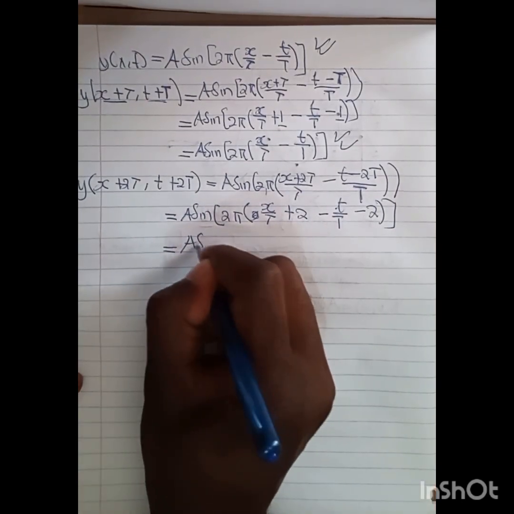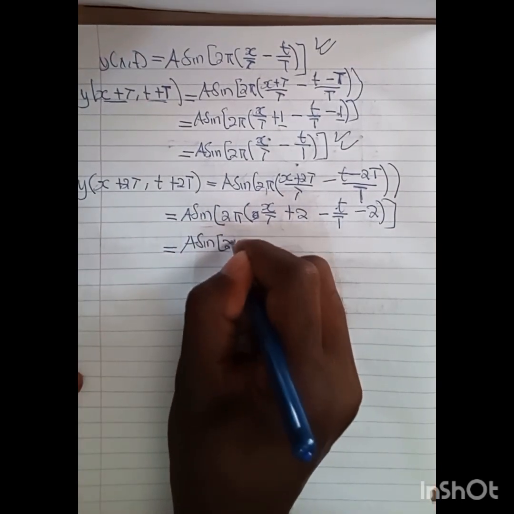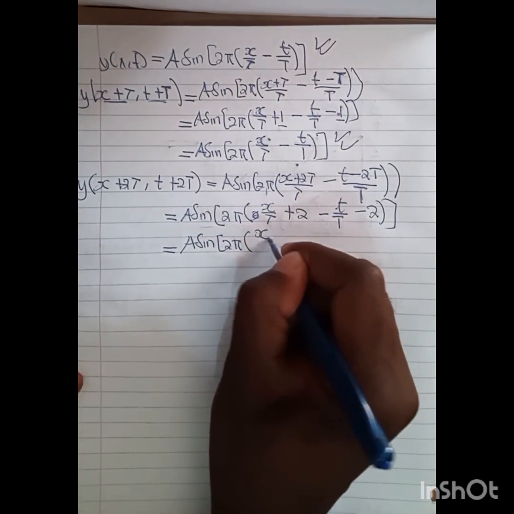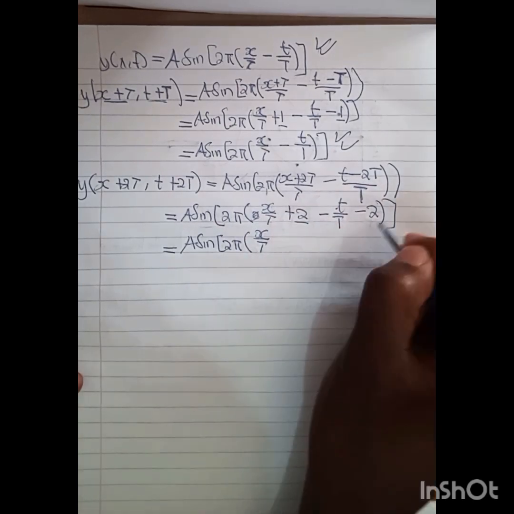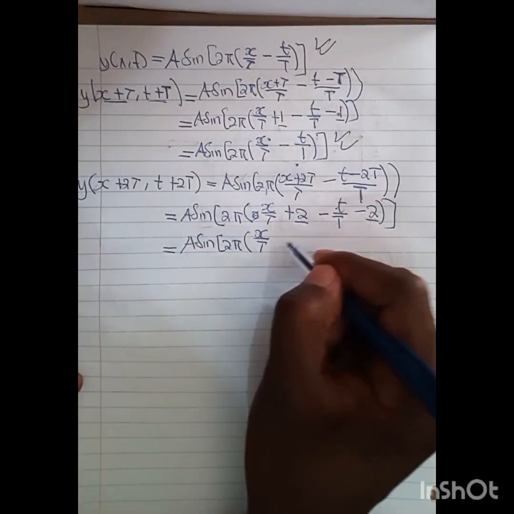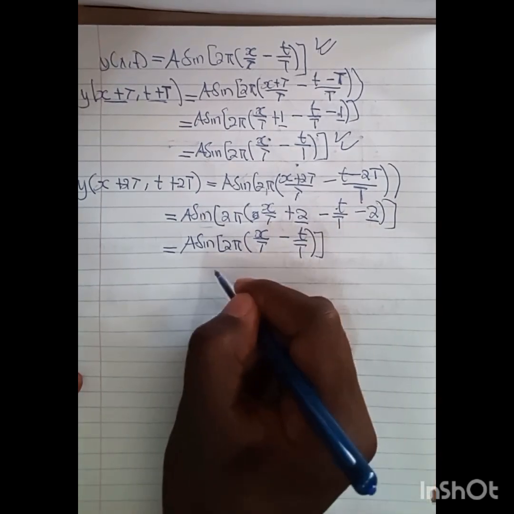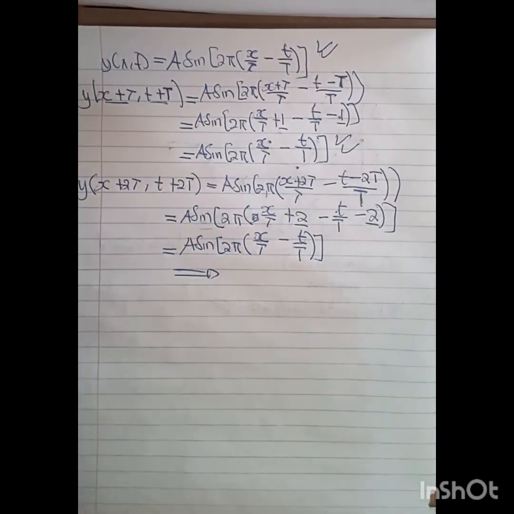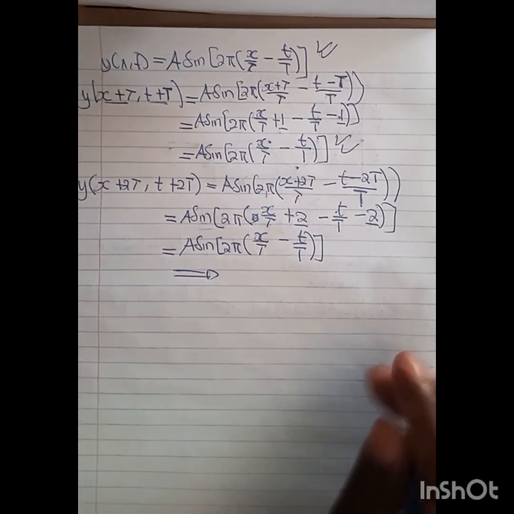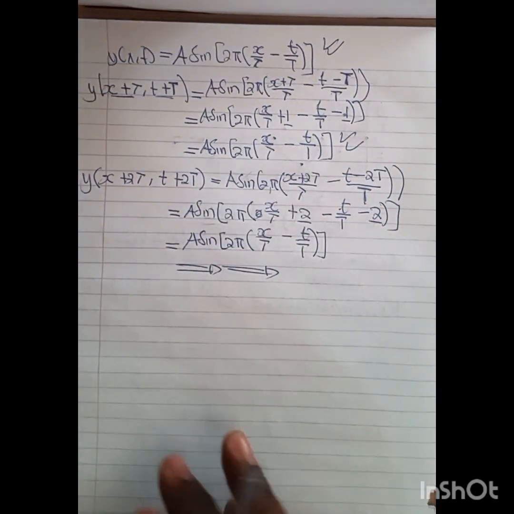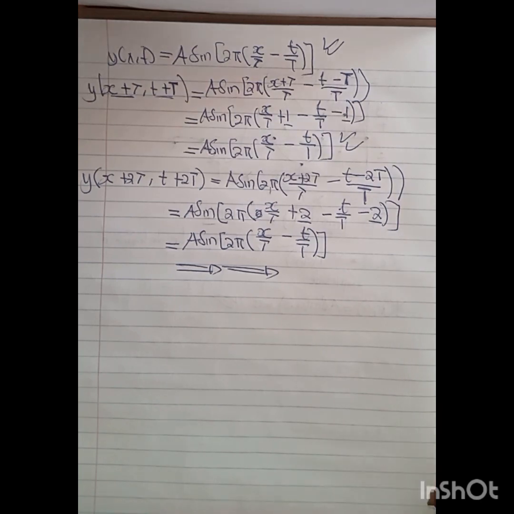Finally you have 2 pi, x over lambda, then 2 minus 2 is 0, then t over T. Now you can see that the periodic nature of the wave function is the same at any time and at any position. This is all you have to show to prove that the periodic nature of the wave function is the same at any time, at any period, and at any position.